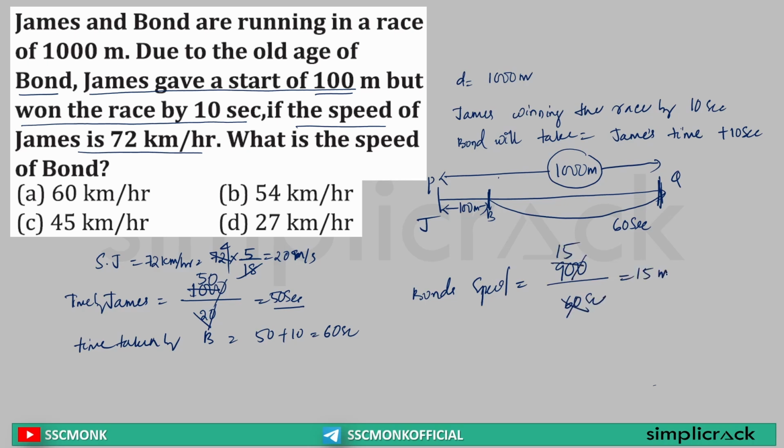Sir, Bond's speed is 15 meters per second. But here everything is in kilometers, so I will multiply by 18 by 5. 5 3s are 15, 3 into 18 is equal to 54 kilometers per hour. See, this is a very good level of question, but we solved it easily because we know the basic language.